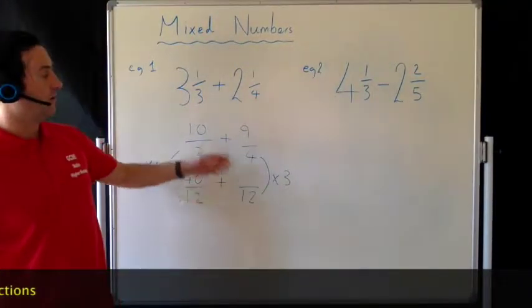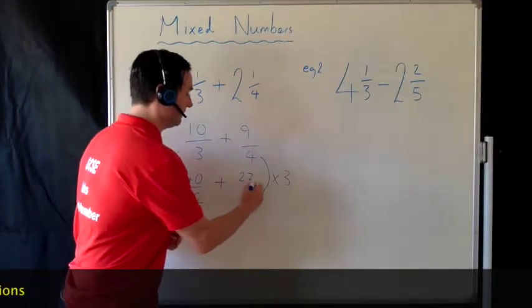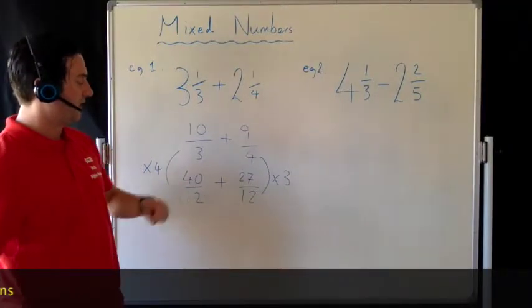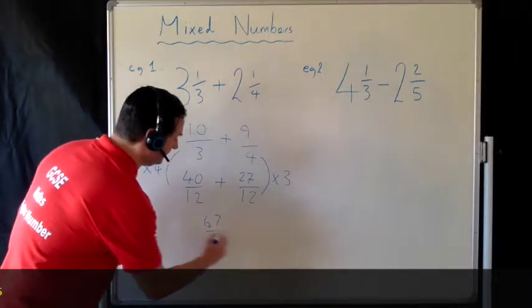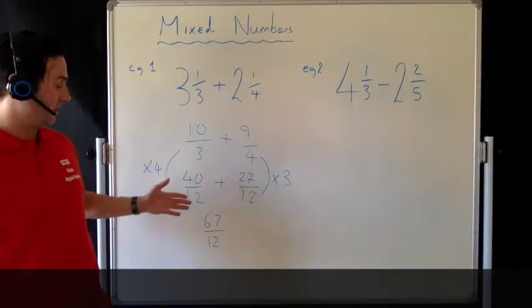So to keep it equivalent, I need to multiply the 9 by 3 to give me 27. Now I can add these two top numbers together. 40 add 27 gives me 67 over 12, and that's left as an improper fraction.